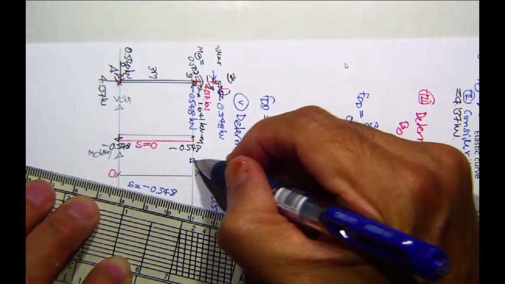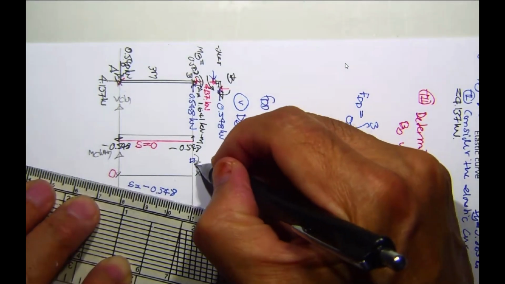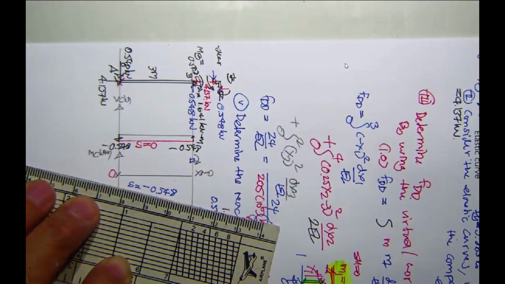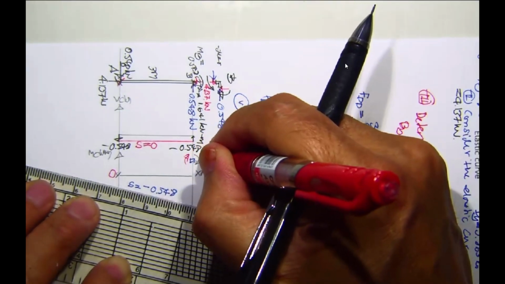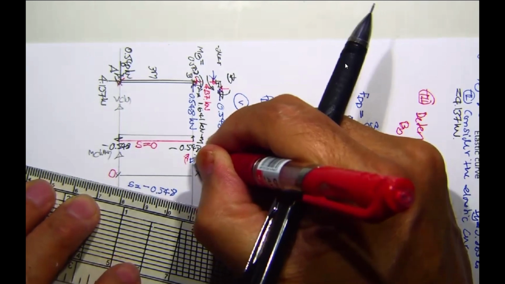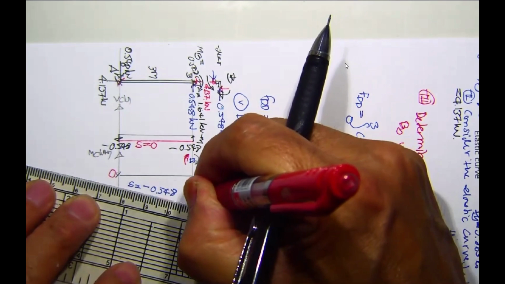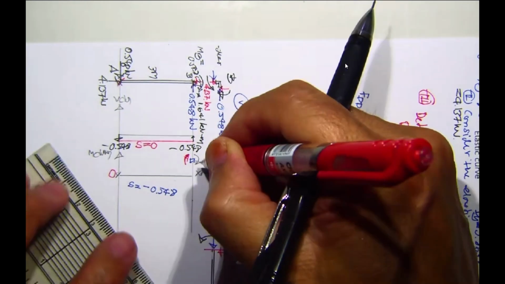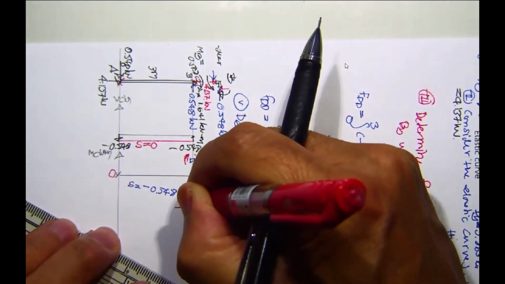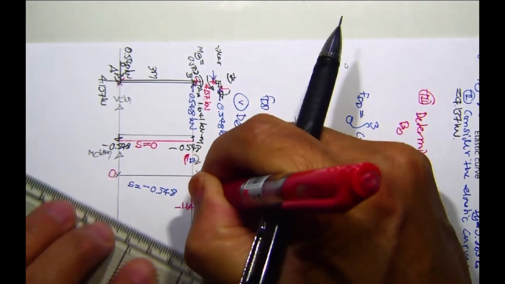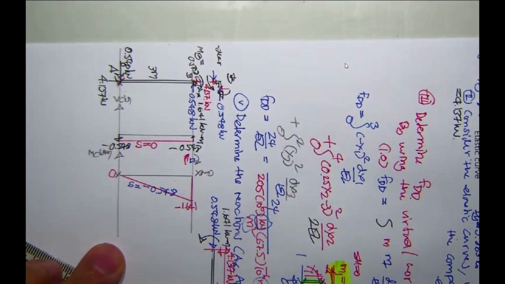If you consider this is 1.641, and then this is the moment. Following our sign convention, they are in the same direction, so M here is going to be minus 1.641. And this is minus 1.641. And then you get this one to be the moment diagram.